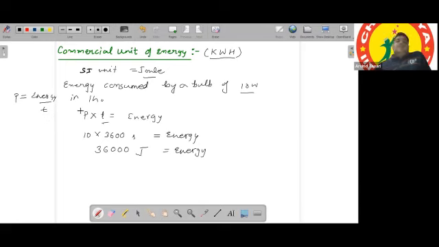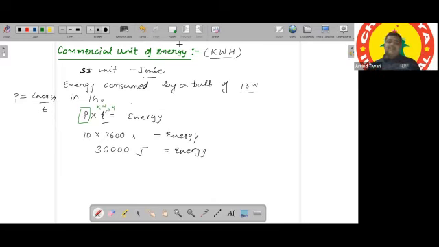So if we measure the power in kilowatt and time in hour, the unit of energy consumed will come out to be kilowatt hour. Okay. So what is the energy of 1 kilowatt hour?